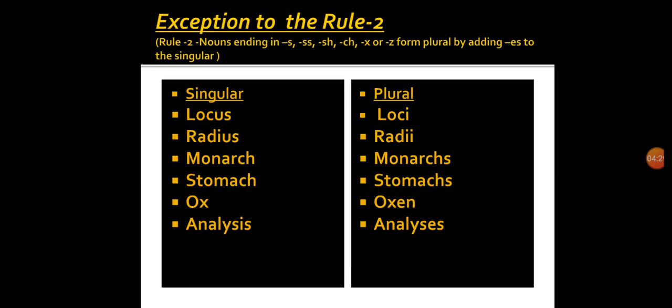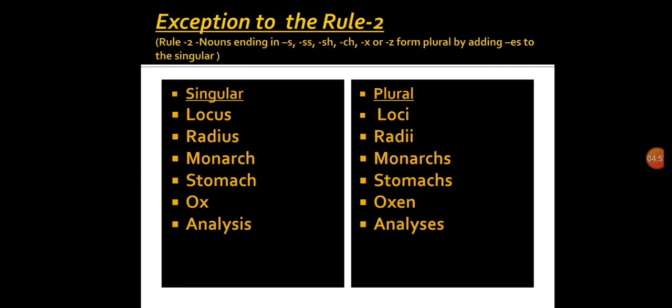Similarly, the singular is radius and its plural is radii. The singular monarch forms its plural by just adding s, monarchs.